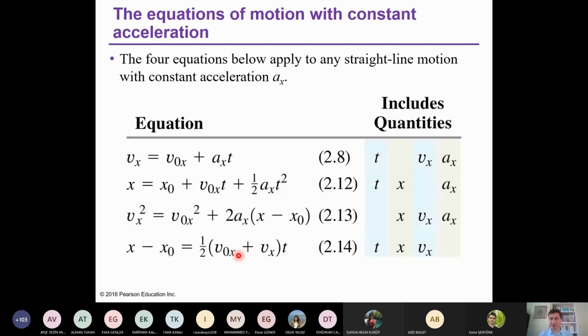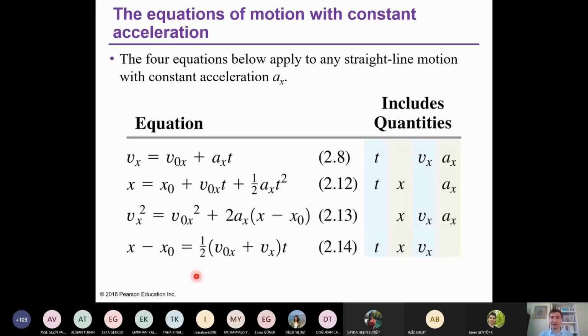These are very important, not only for chapter 2 of university physics, also for chapter 3, chapter 4, chapter 5. For each forthcoming chapter, these equations will be very useful if acceleration is constant. These equations are only valid if the acceleration is constant, okay?